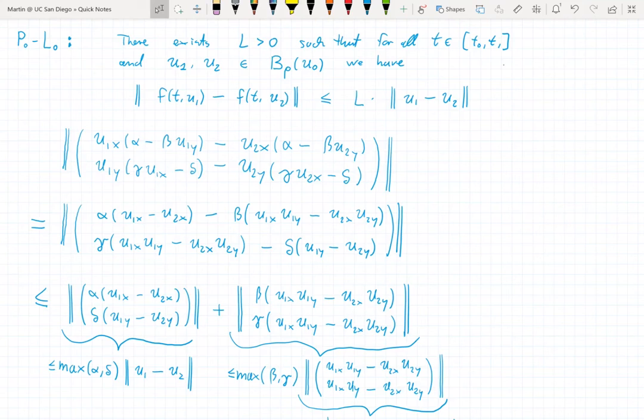And the second component is gamma times (u1x u1y minus u2x u2y) minus delta times (u1y minus u2y). This is the same Euclidean norm of the same vector. I've only regrouped the terms in each component according to the coefficients that appear, according to the coefficients alpha, beta, gamma, and delta.